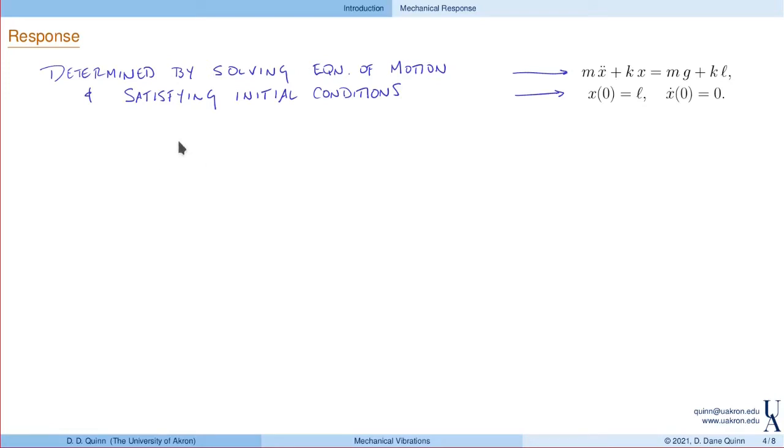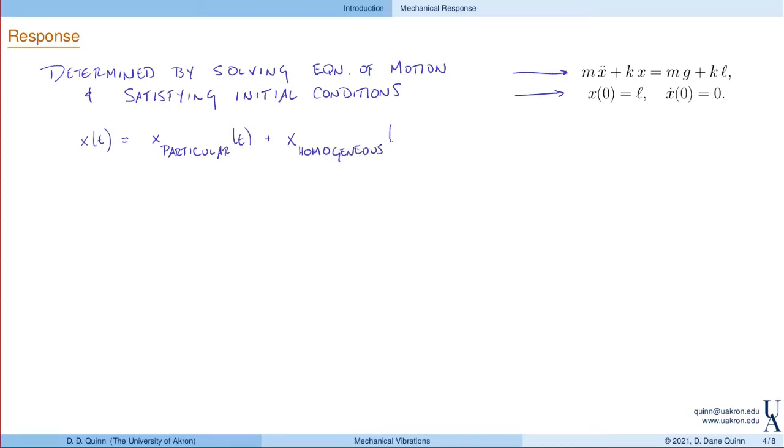Now, in general, the way that we do this is to break up the response into two pieces. So x of t is going to be the solution that we're looking for, and we'll construct that in two steps. The first step will be to solve for what's known as the particular solution, and then we'll turn and solve the homogeneous solution.